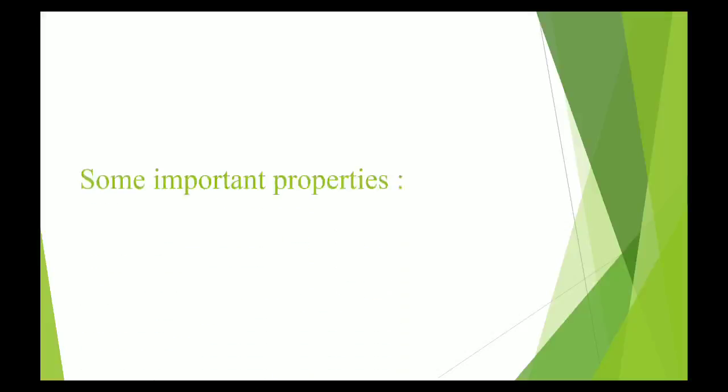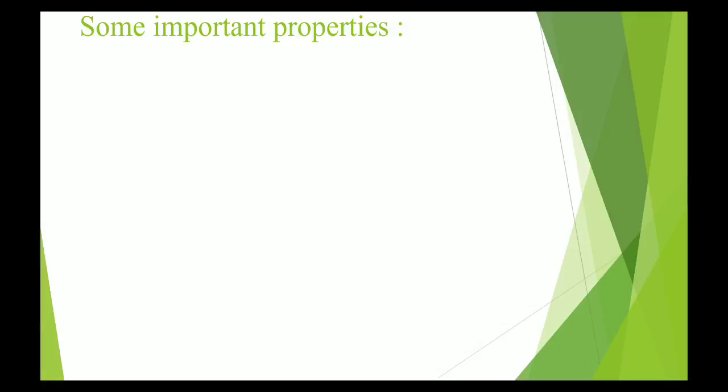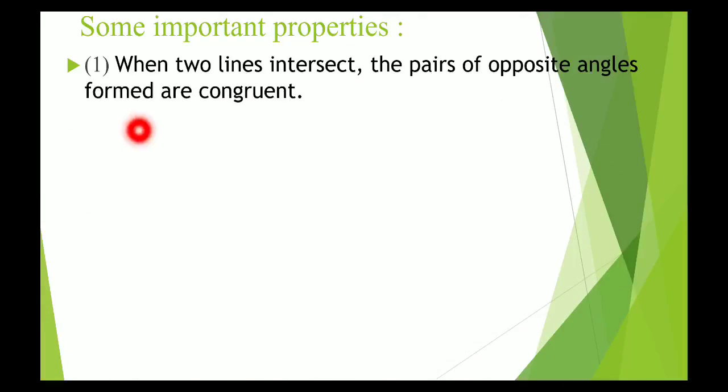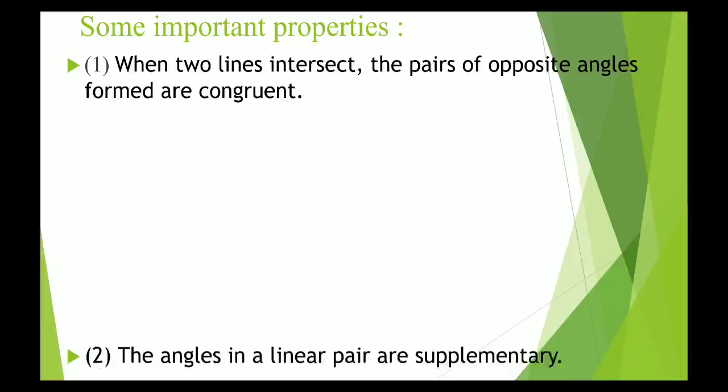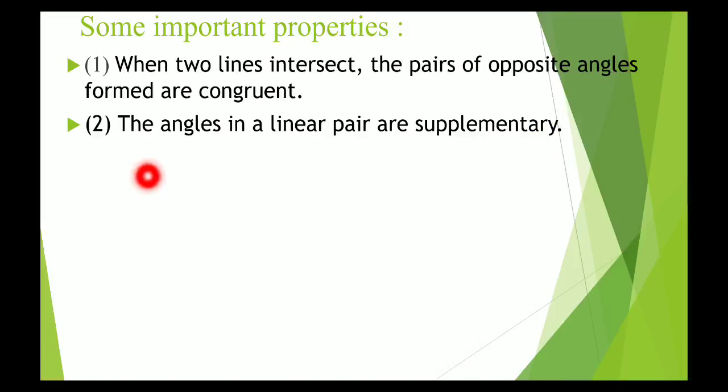Now let us learn some important properties. When two lines intersect, the pairs of opposite angles formed are congruent. The angles in a linear pair are supplementary.